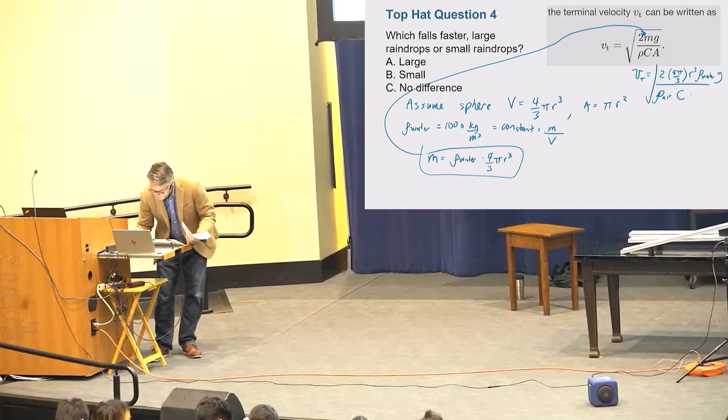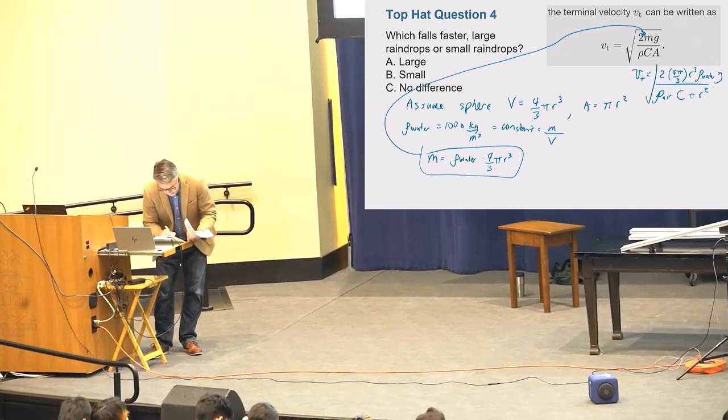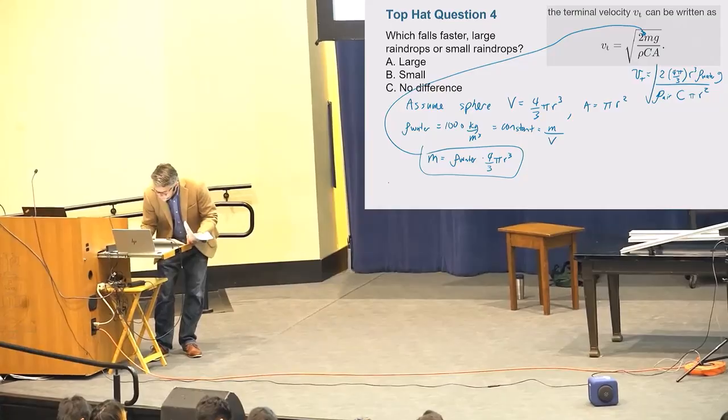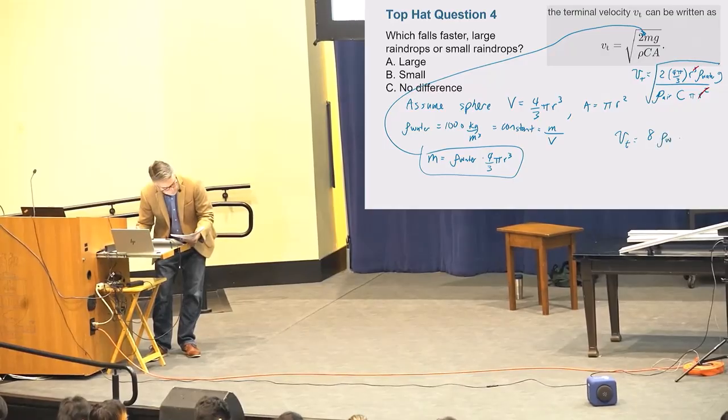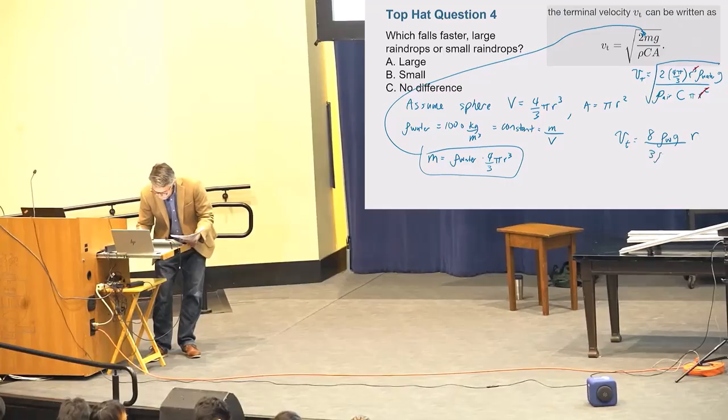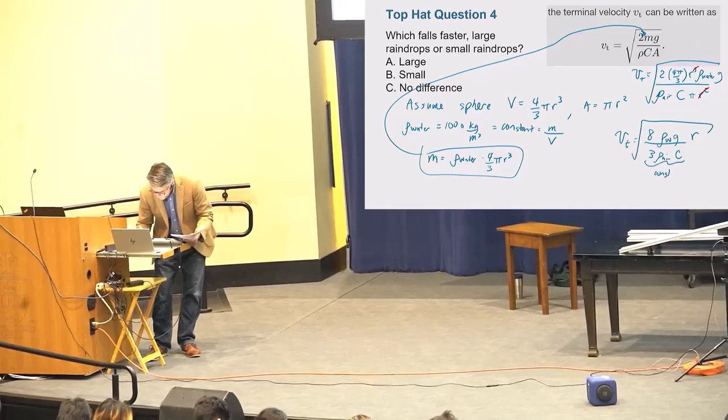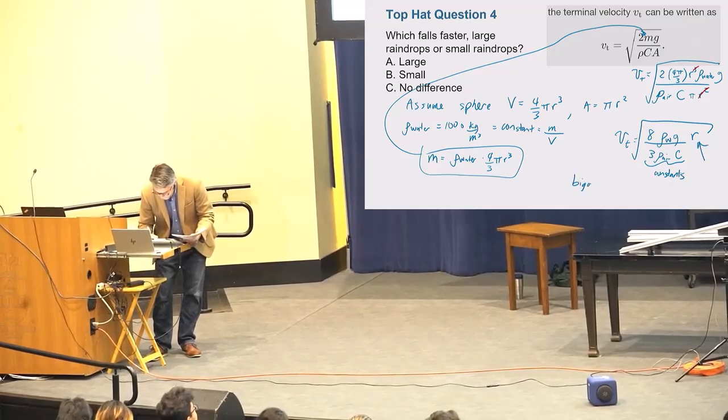So if you look carefully, this r squared cancels with the cube on top, and you get an r on top. A bunch of these other things cancel out, and I got that v terminal is equal to something like 8 times rho of the water times g times r divided by 3 times rho air times C. So there's a bunch of constants times r. Bigger drops fall faster.